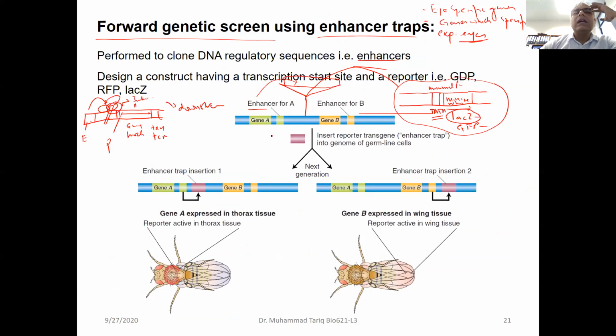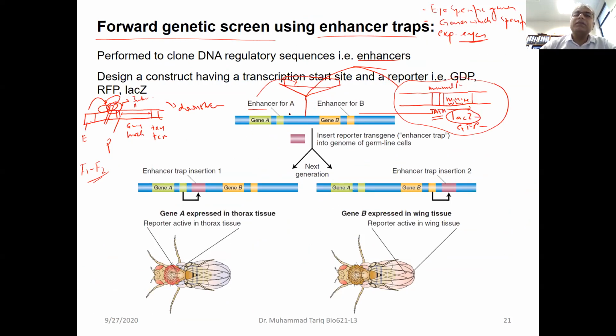In the F1, then F2, they tried to make it homozygous. It can be lethal as well, because if it is disrupting some essential gene on which an enhancer normally acts, it may not be homozygous. You may have to keep it as heterozygous.